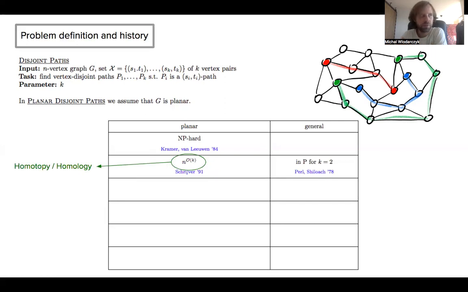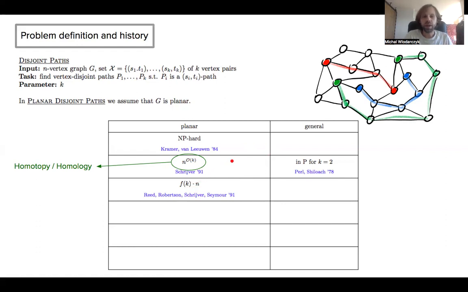Actually, Schrijver gave two algorithms, one based on homotopy, the other based on homology, both highly nontrivial. Then this running time was improved, so the dependence on the input size became linear, and the dependence on the parameter went into the multiplicative constant.